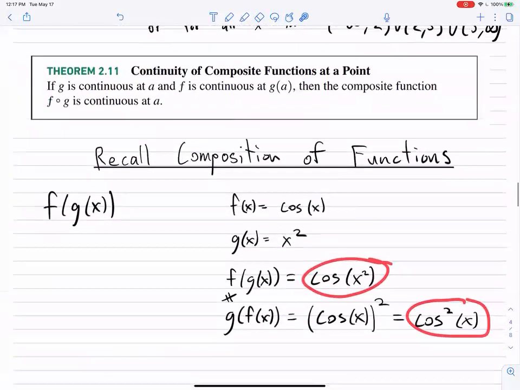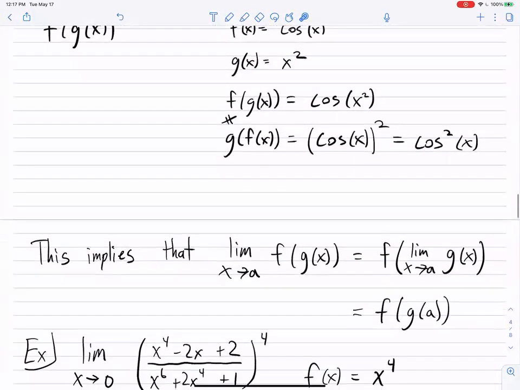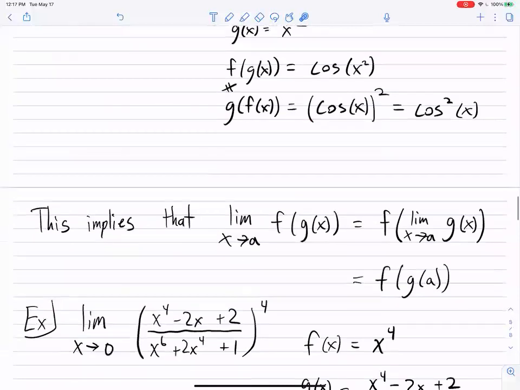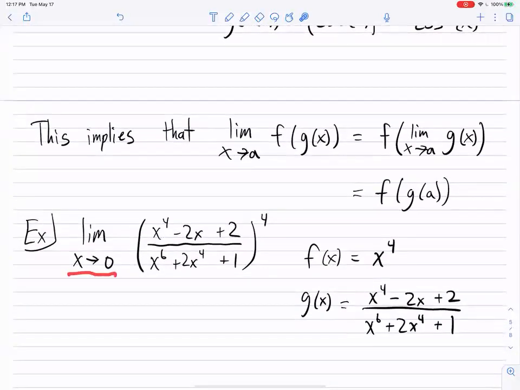And so what this theorem tells us is that if two functions are continuous, you can compose them and get a continuous function. And so that implies that limits for continuous functions pass. So if I want to take the limit of a composite function, I can just take the function evaluated at the limit, which is just f of g of a. So here's an example. What is the limit as x goes to 0?